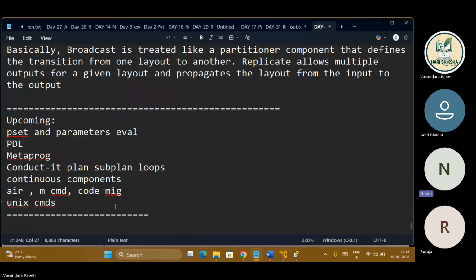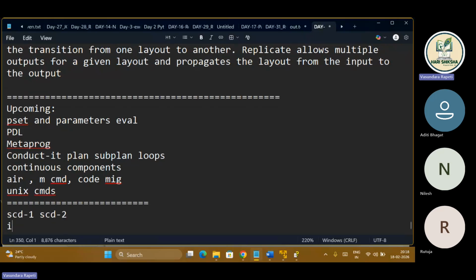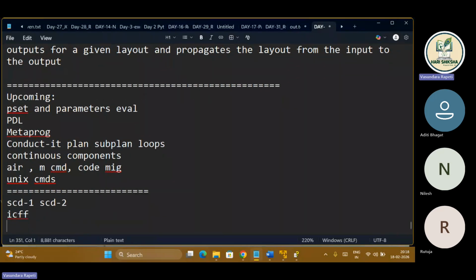What about projects? We have covered SCD1, right? SCD1, SCD2, ICFF, and I will show you tomorrow one star model. I have one graph for that star model with assigning key component. And we have covered lookup also.